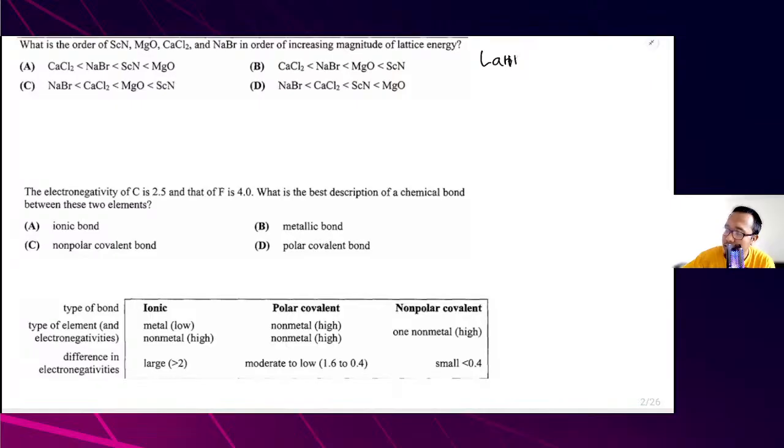Lattice energy is the energy released when ions come together to form an ionic solid.